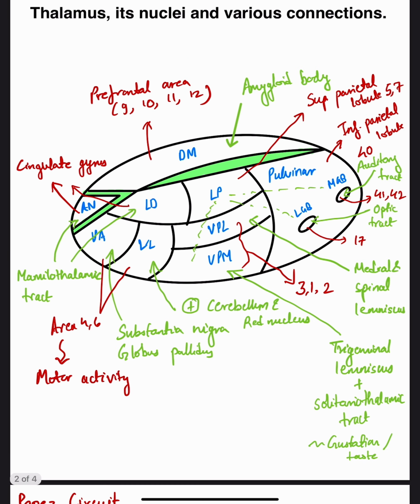So we have to learn to relate certain regions such as the superior parietal lobule, the inferior parietal lobule with the area numbers, and also the prefrontal area, and areas 4 and 6 for the primary motor activity, areas 3, 1, 2 for the sensation. So this is the thalamus.